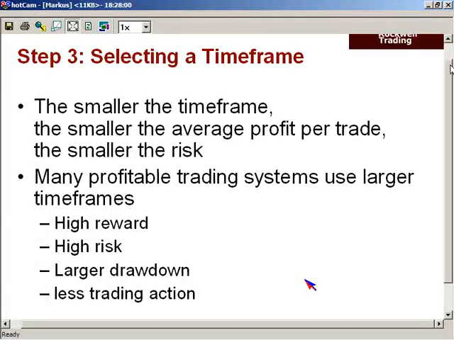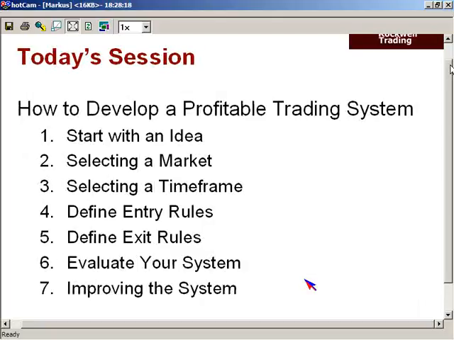Now, some of my students also like to go back to 5-minute charts, especially stock traders. If you're a stock trader, you definitely want to look into 5-minute charts. But you see, this is why it is so important that you first select a market and then a time frame. All right, let's move on.